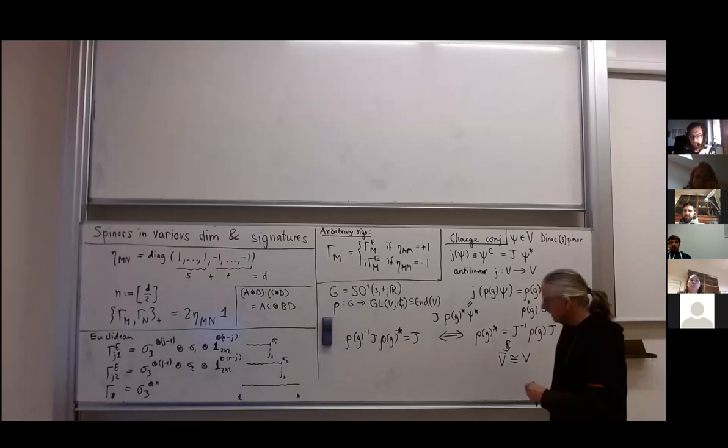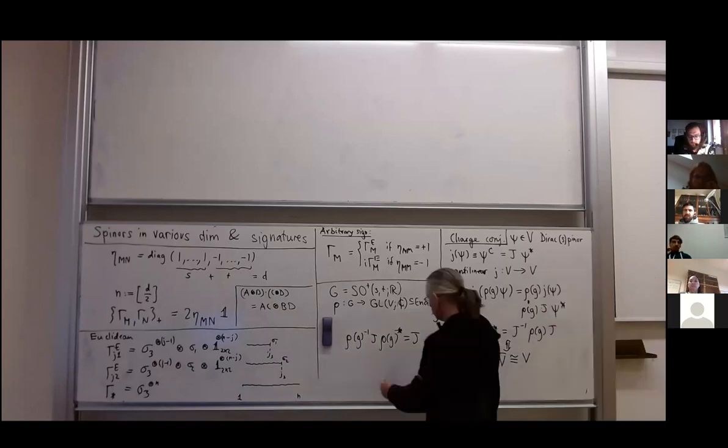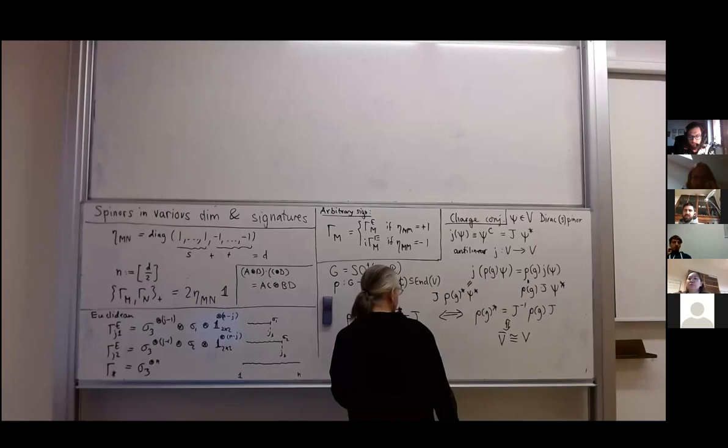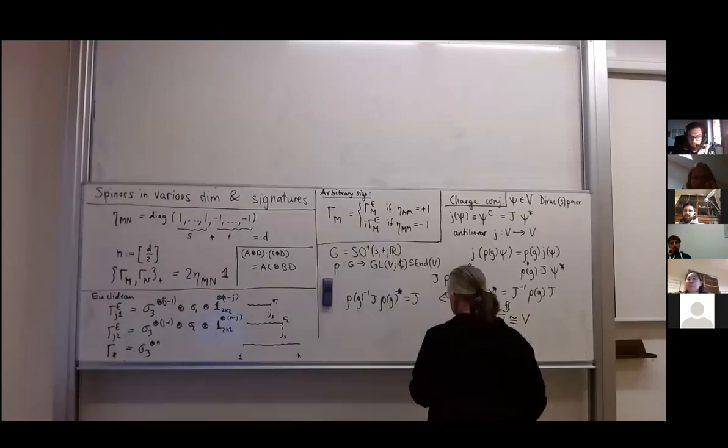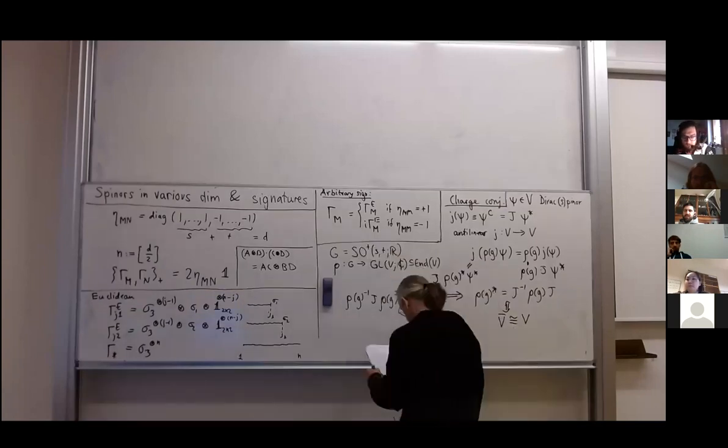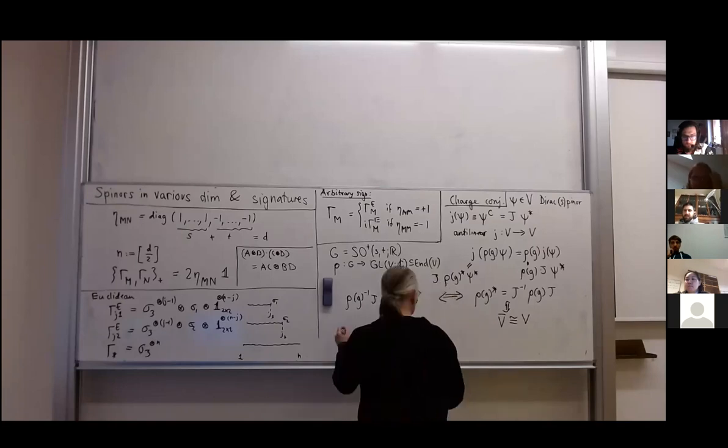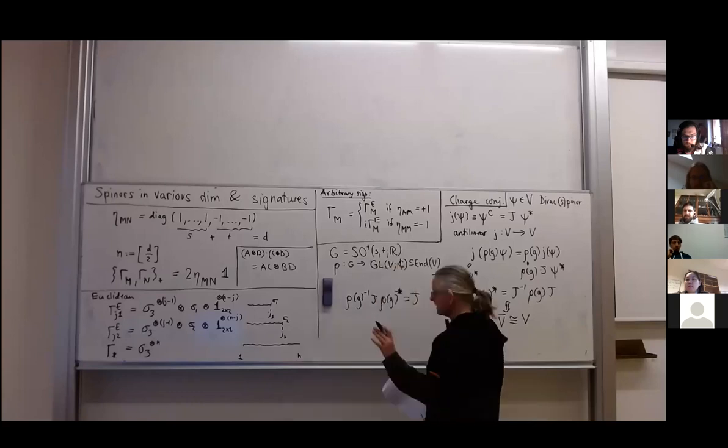And so this we will later discuss, when V bar is equal to V. This is what mathematicians call real or pseudo-real. We will later see that that's actually the case.